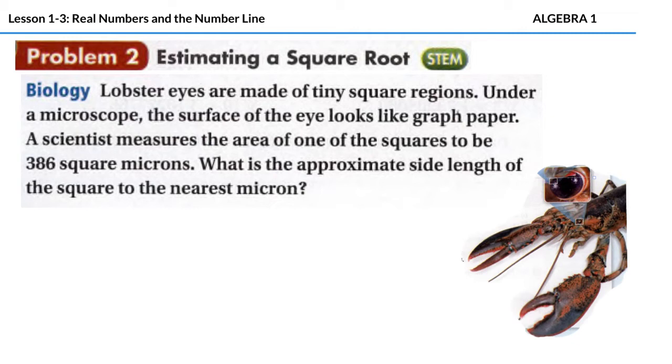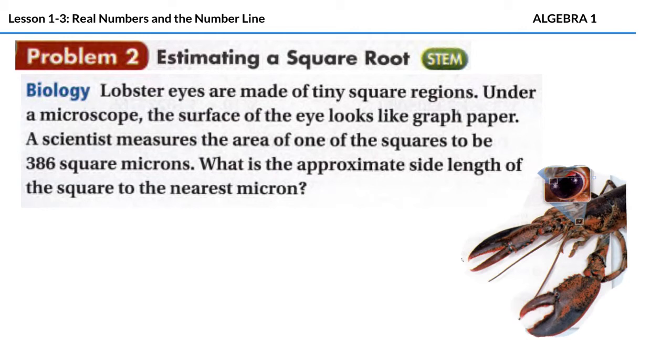What is the approximate side length of the square to the nearest micron? So how will you do that? Of course, you can take a calculator and find out the square root of 386. That's one method. But without a calculator, how can we estimate the square root of 386?